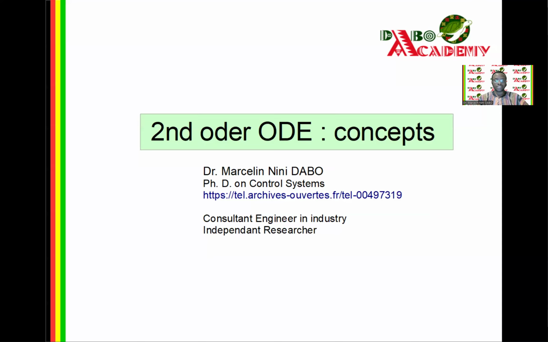But remember that I have talked about first order systems, okay, and giving in a first video the different fundamental laws for what is an autonomous system, and also the step response of a first order system.